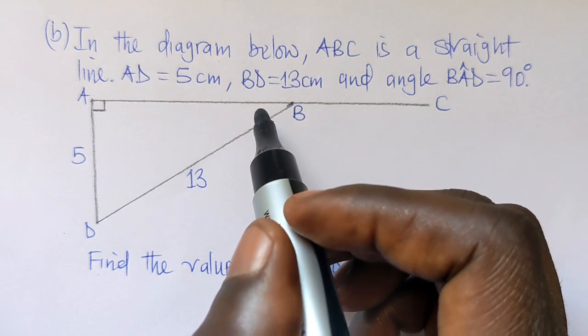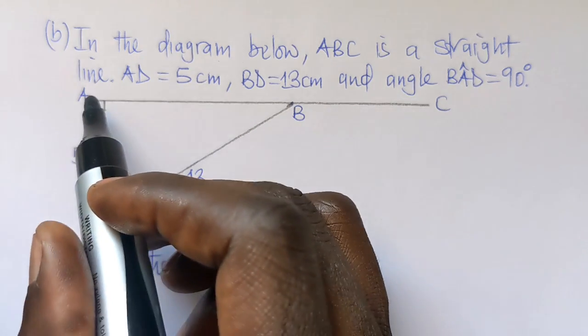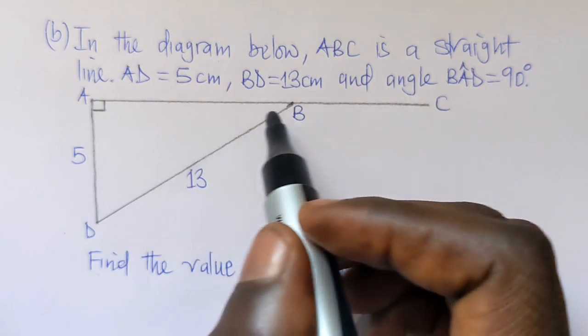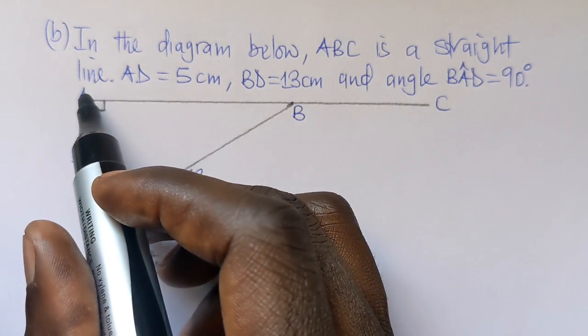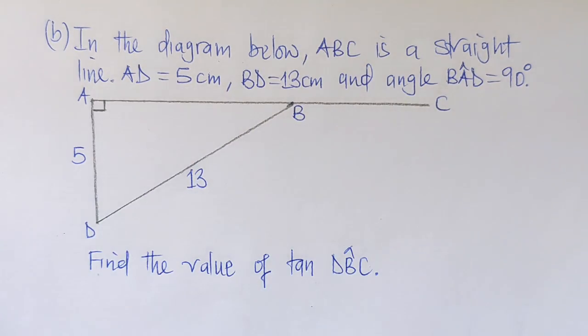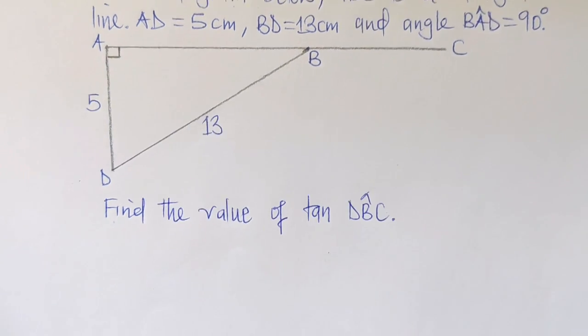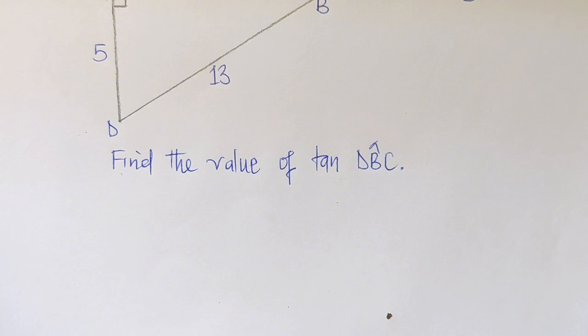So this is going to equal opposite, which is 5, over adjacent, which is AB. Now we don't have AB, so first of all, let us get AB. Then we are going to come up with the trig ratio for tan.